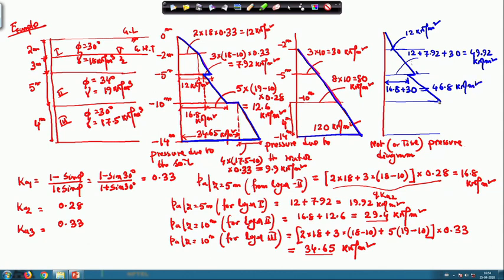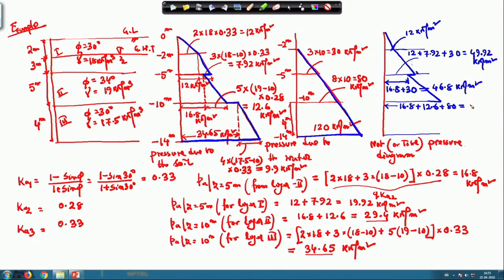Okay. And then for this portion, this is a total of 34.65 and then we have to add. So, this portion will be 16.8 plus 12.6, because this is 12.6, this is 16.8, plus this one is 80, okay, plus 80.